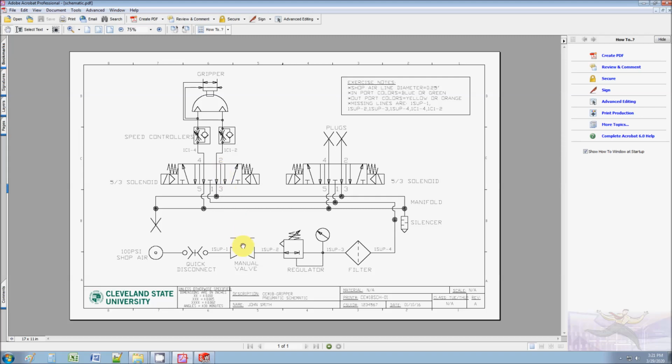So when you read these, you've got to understand how this is laid out. First of all, these are the lines that you need to update and create. And the line number changes anytime it goes through a component. For instance, if I put a T here, that line is going to be the same as this, 1 sub 1.